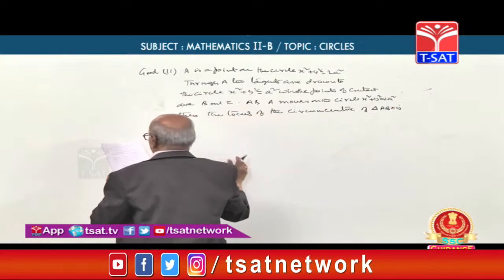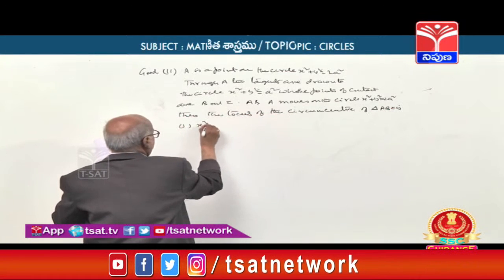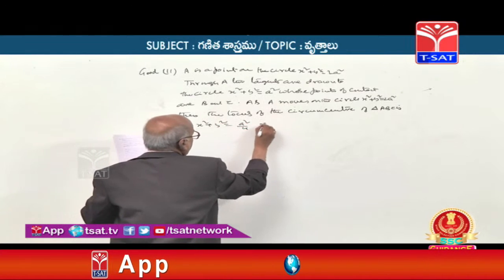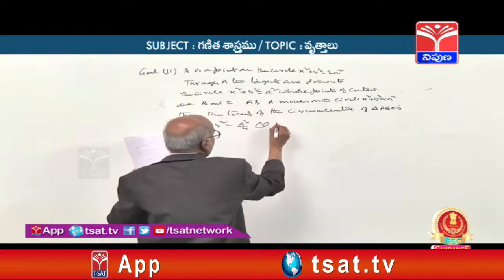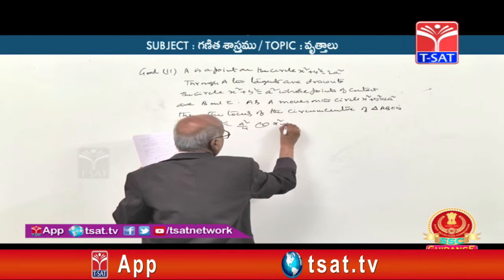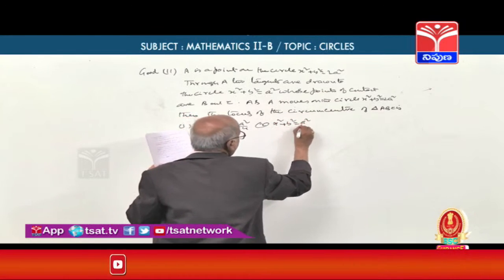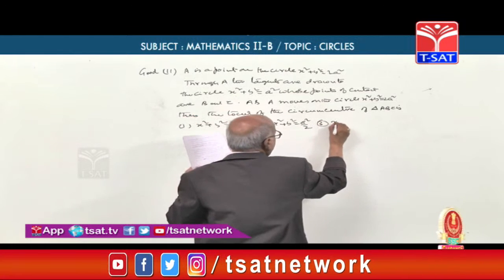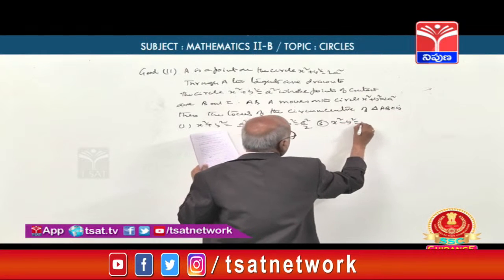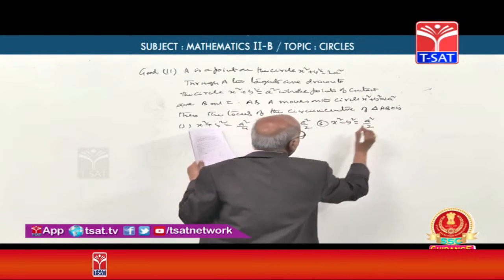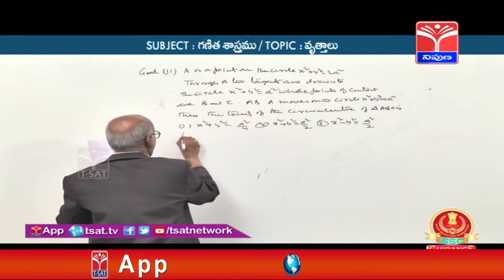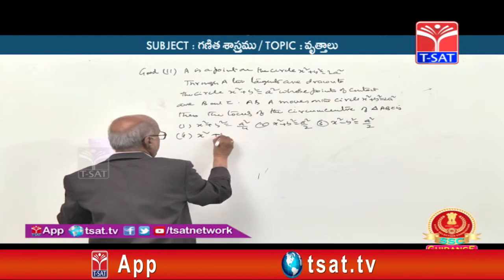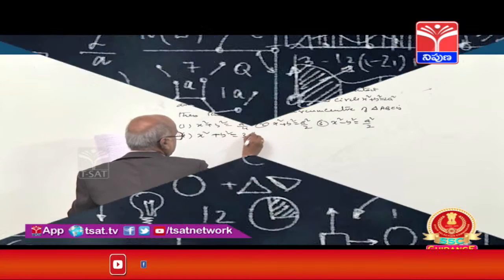Option 1, x square plus y square is equal to a square by 4; 2, x square plus y square is equal to a square by 2; 3, x square minus y square is equal to a square by 2; and 4, x square plus y square is equal to 3a square.